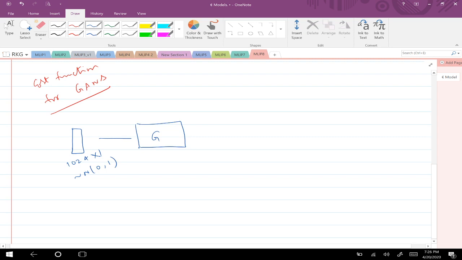This number is just written as an example, but in general this can be anything. Once we give some noise to the generator, the generator's job is to generate samples which look like real samples. This generator is usually a convolutional neural network, because the best function mapping that we can do is through convolutional neural networks.